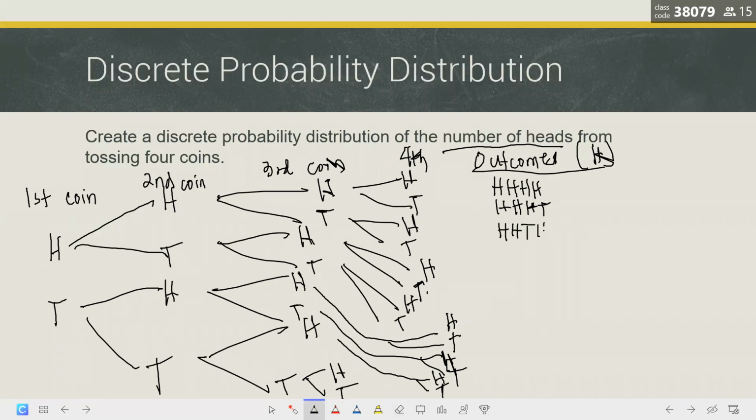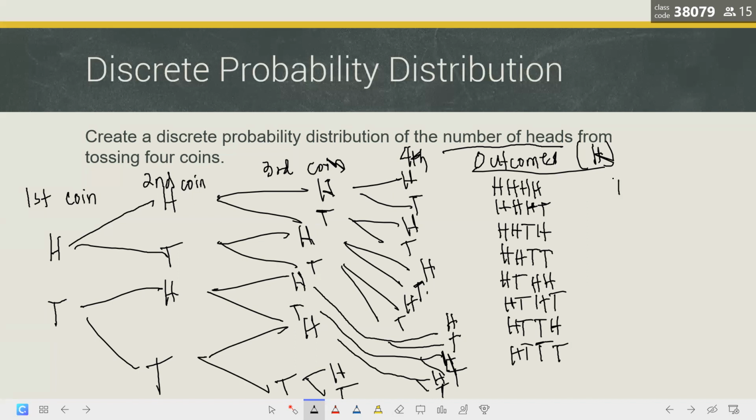Head, head, tail, head. Head, head, tail, tail. Head, head, tail, tail. Next, we have head, head, tail, head, head, head, tail, head, tail, head, tail, tail, head, tail, tail, tail.